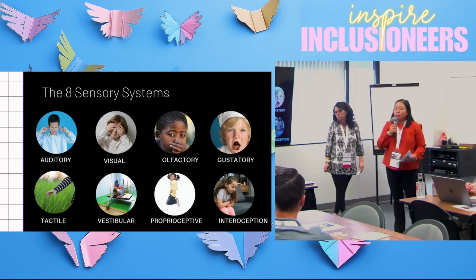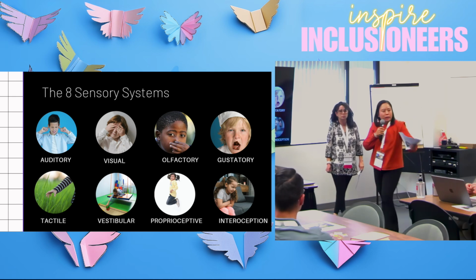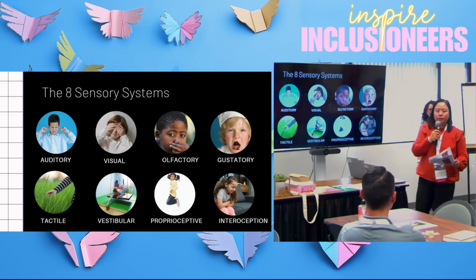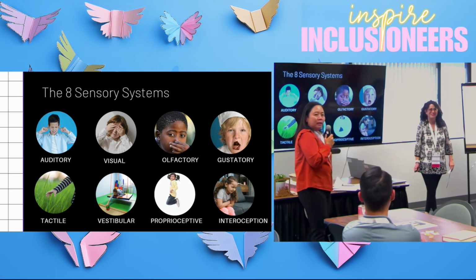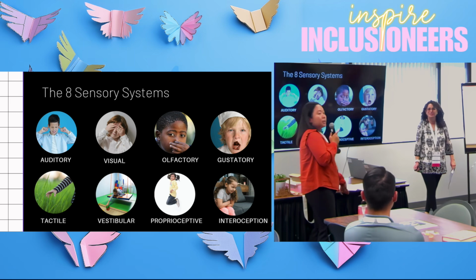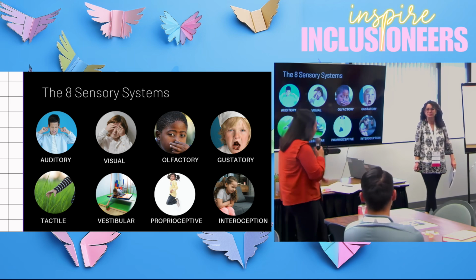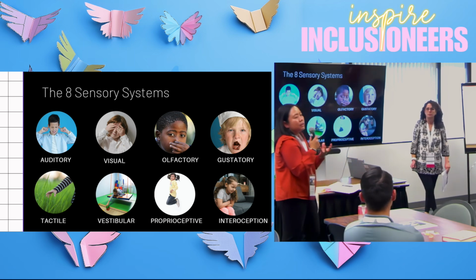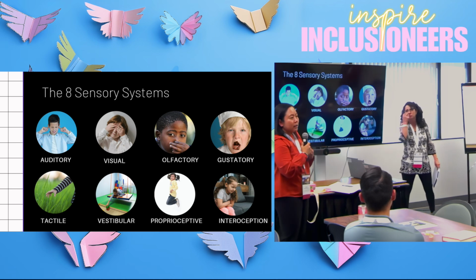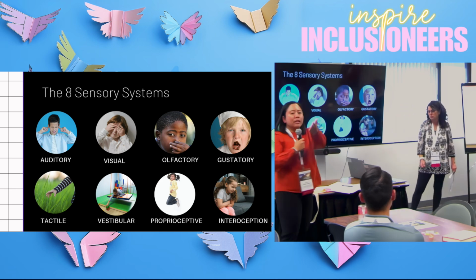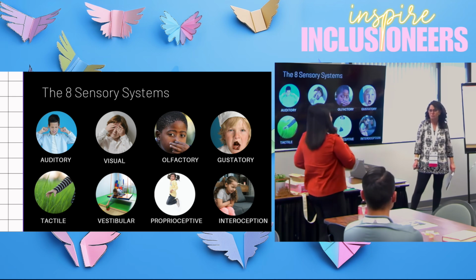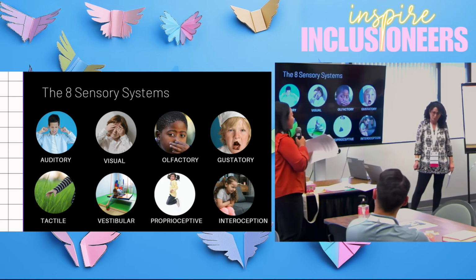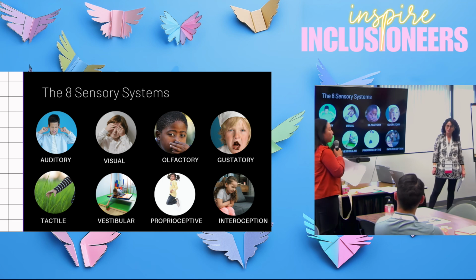What about proprioceptive? Oh, this one is a favorite. What is proprioceptive? Jumping, anything that has to do with the sensation that comes from our joints. Right, so as you can see, jumping is one of them, right? Oh, this one, the most important one that is usually not seen or even not communicated, interoception.